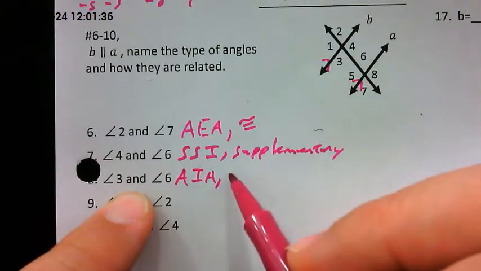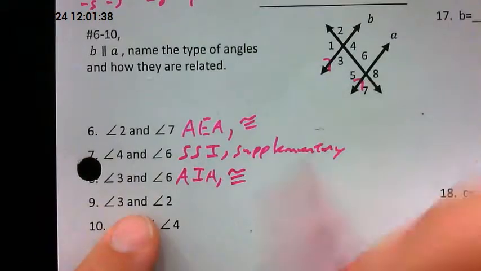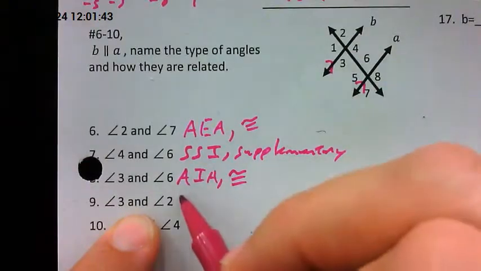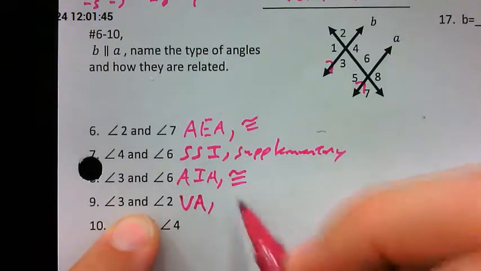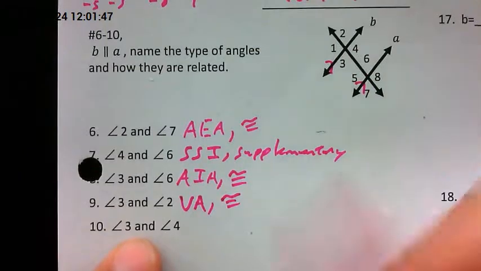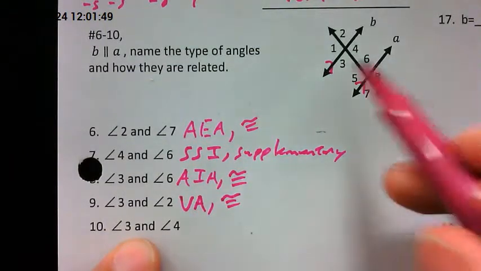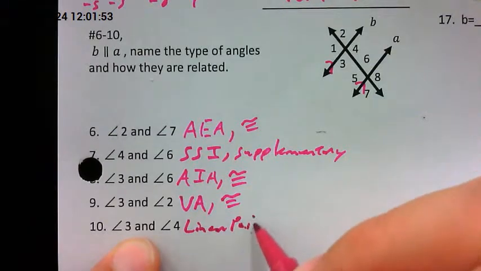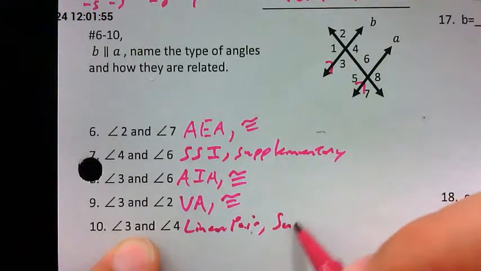And their relationship? Congruent, good. 3 and 2. Vertical angles. And they are congruent. All right, 3 and 4. Linear pair. And they are supplementary.